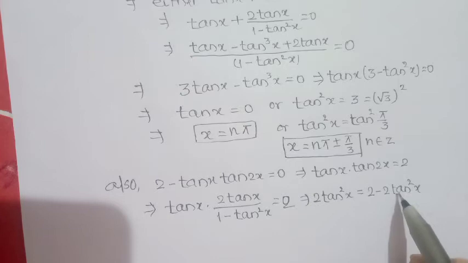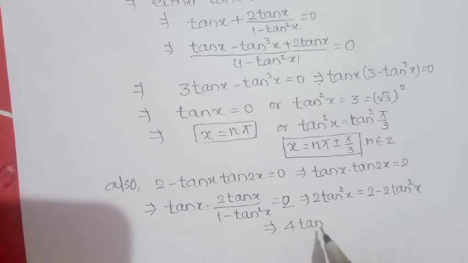So it should be written as 4 tan square x is equals to 2.